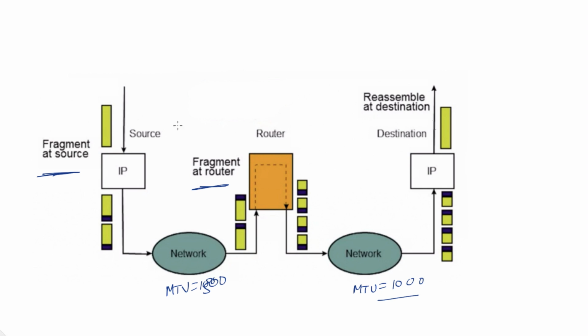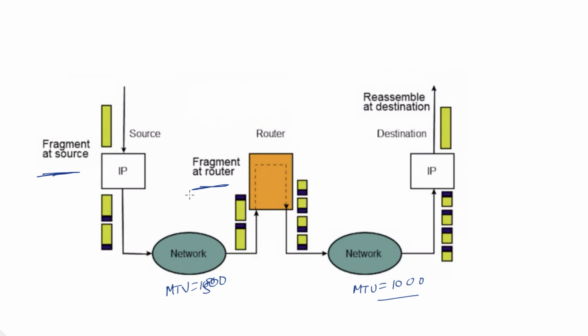So this is what happens at the destination only. At the router, we do not do the reassembly, because there is no point in reassembling, and if we find some network having an MTU lesser than the total length, then I again need to divide that packet. Also, we do not know if we are getting all the packets to the same router or not, because one fragment may follow one path, another fragment may follow another path.